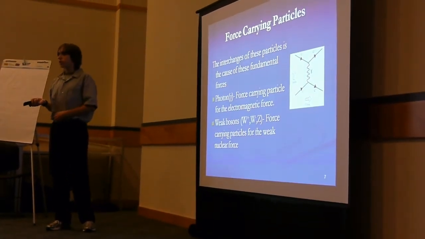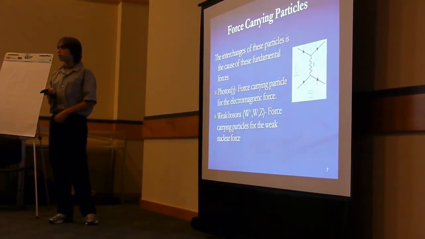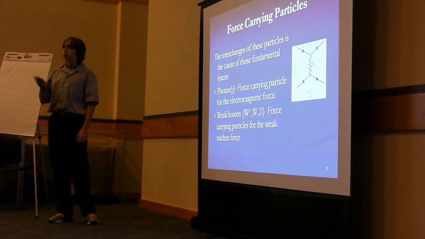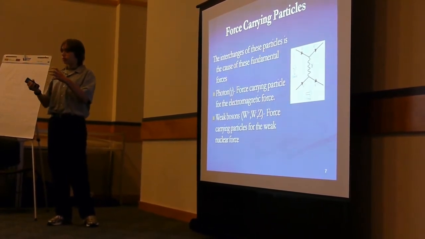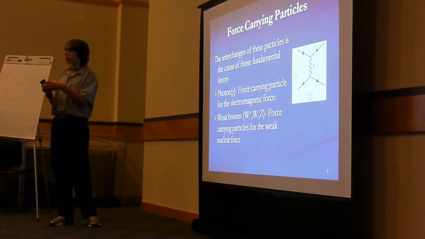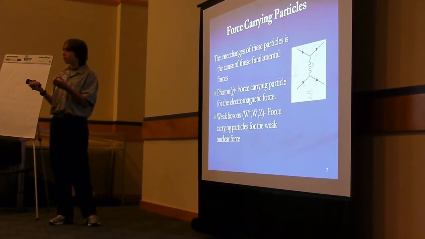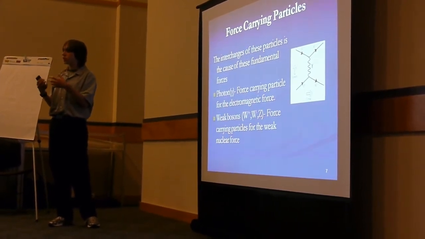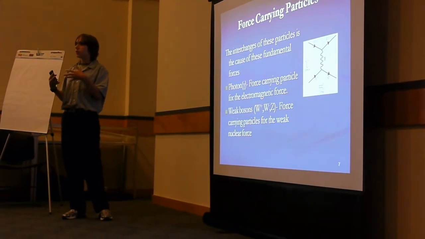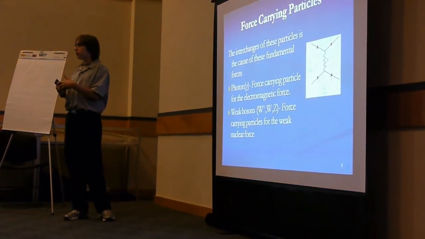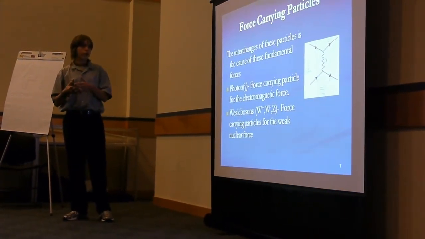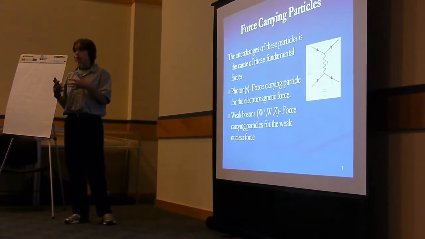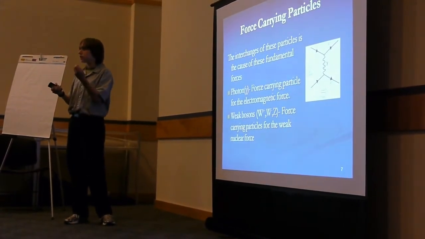Force-carrying particles, which is the other kind of particles that we have, are particles that when 2 bodies, such as 2 atoms or 2 quarks, exchange these kinds of particles, it creates one of the 4 fundamental forces in nature. The first fundamental force is the electromagnetic force, your magnets, current.